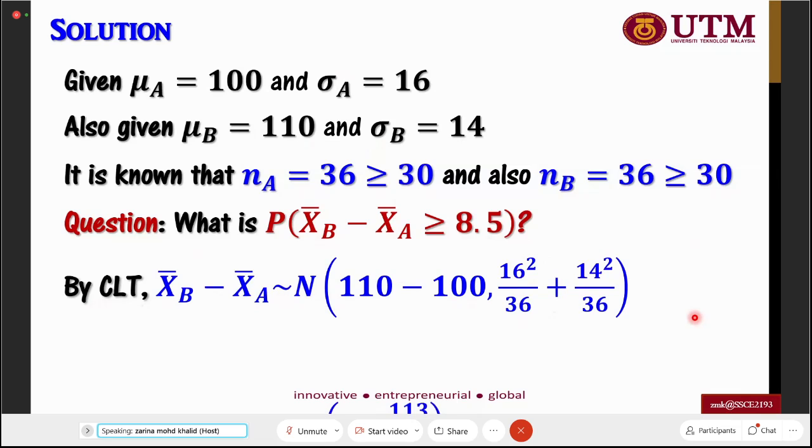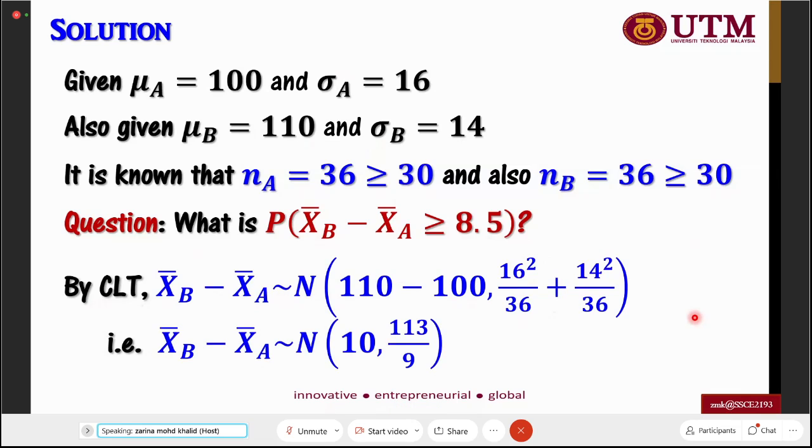Some students even get values in decimal places. Once you get this distribution, then it's easy for you to standardize when you solve the problem.